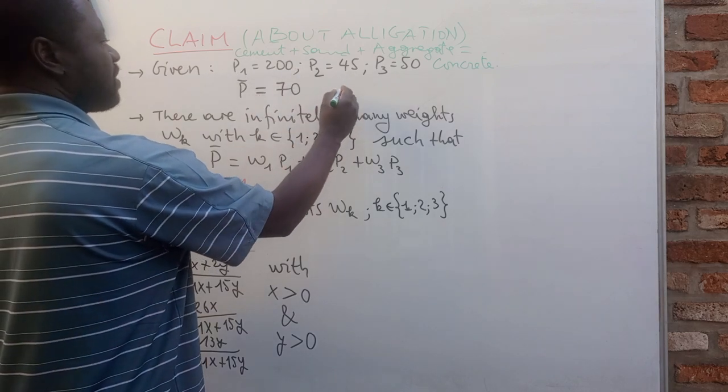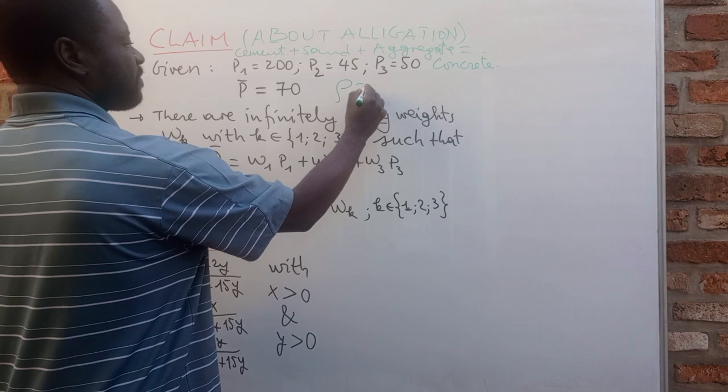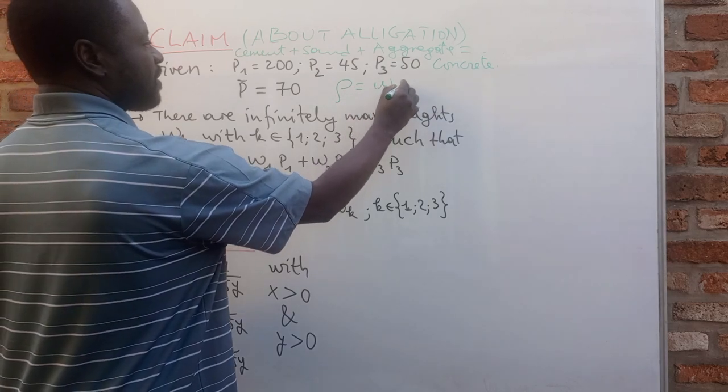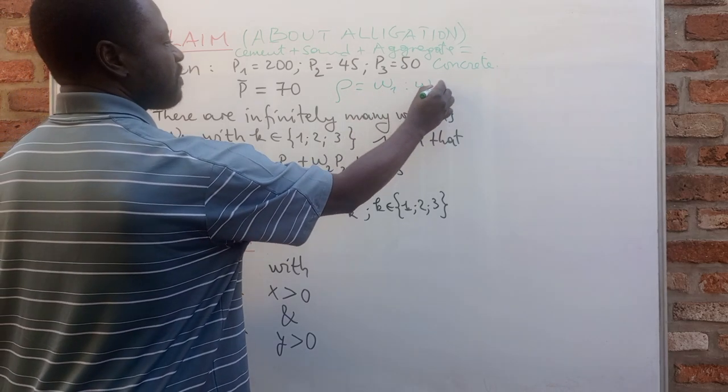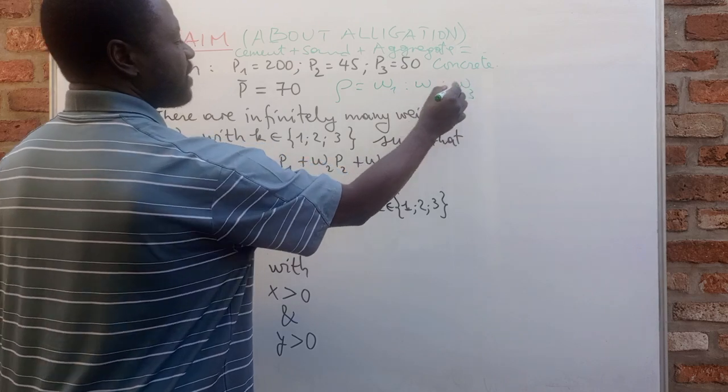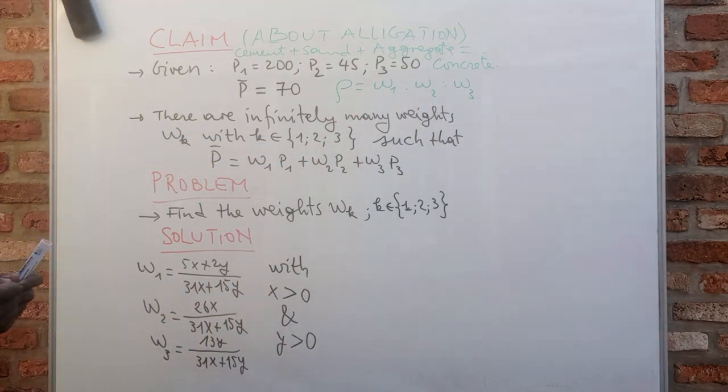So it means we need to find the ratio omega 1 over omega 2 over omega 3. In other words, we have to find the weights for each component.